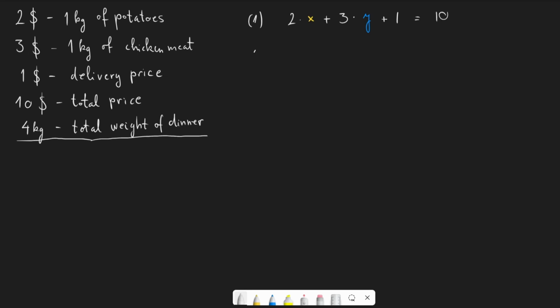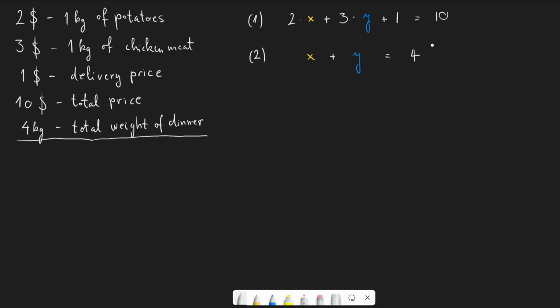And we use now the second information, the second condition, that the total weight of the dinner is 4 kilograms. And because of this, we can write that X plus Y, which is the total weight of the dinner, is 4.